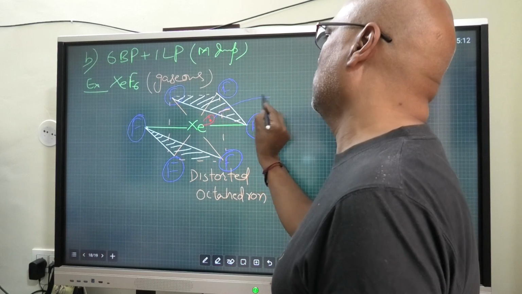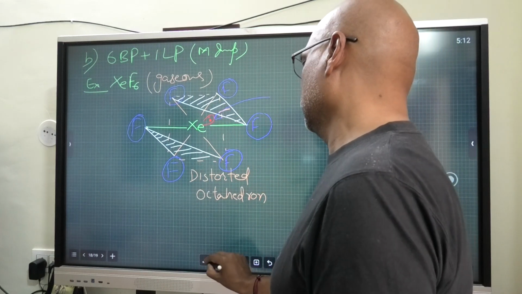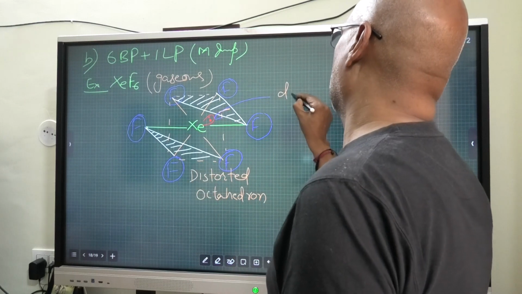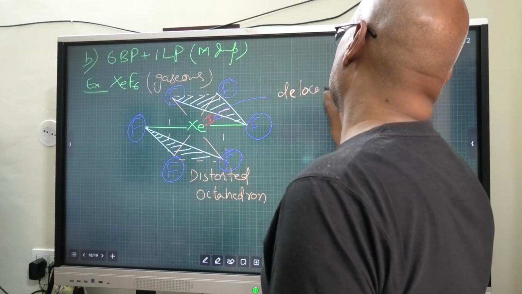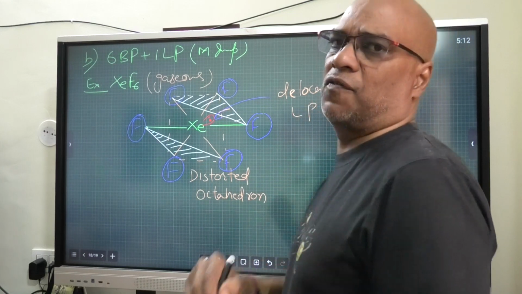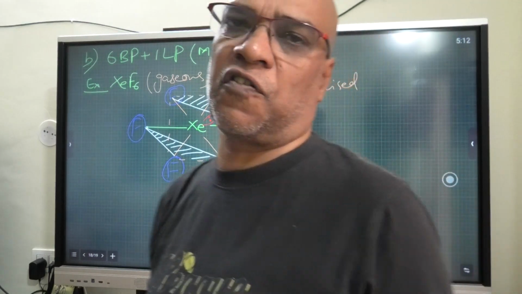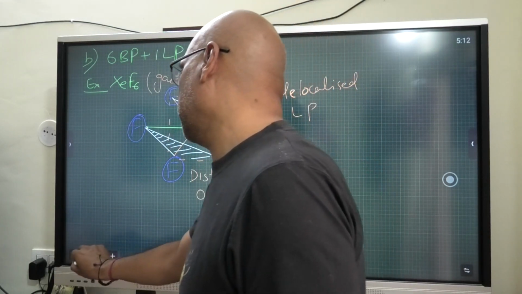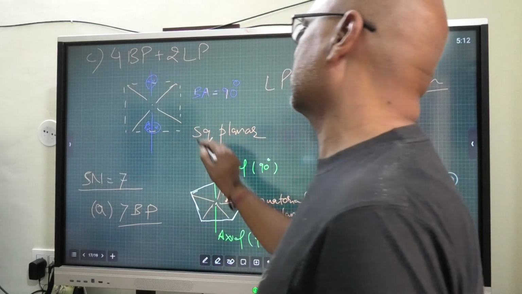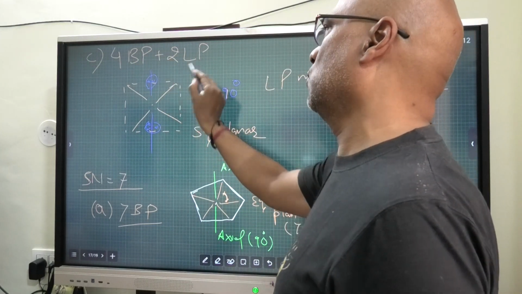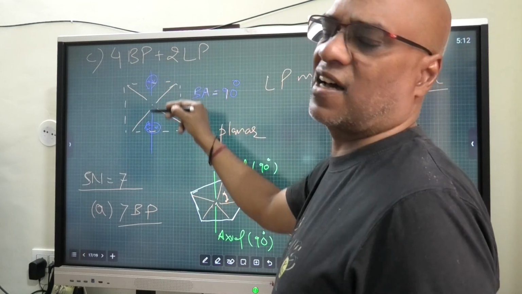This is the delocalized lone pair. What is the meaning of a delocalized lone pair? The lone pair is not fixed. What is the meaning of a fixed lone pair? In the previous case, steric number 6, 4 bond pairs and 2 lone pairs, these lone pairs are localized.